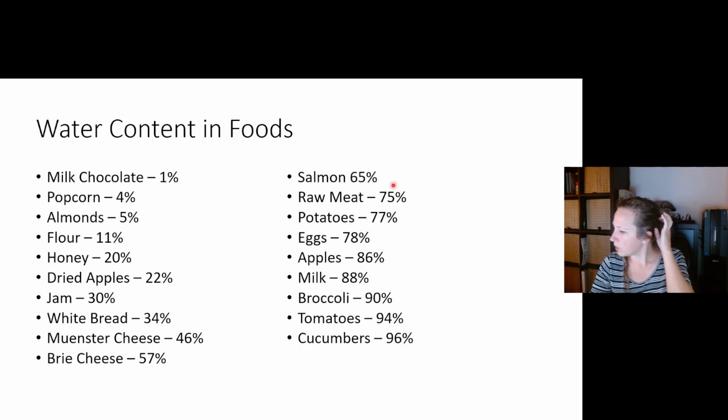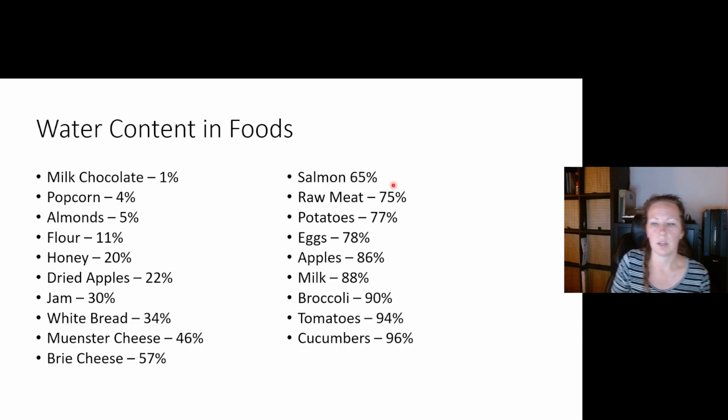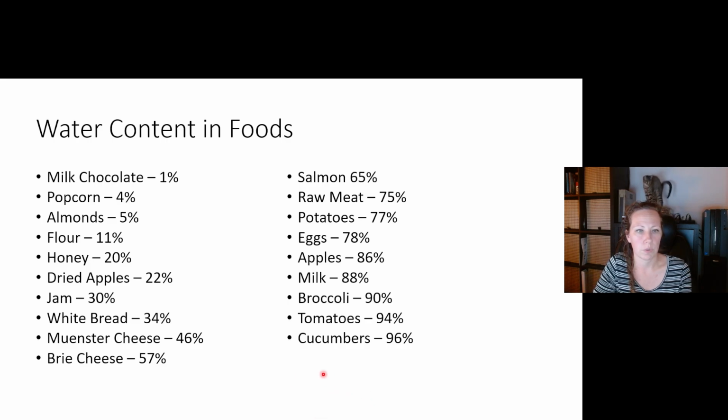Okay, so this is where we're skipping ahead towards the end of the chapter and talking about water content in foods as well as water activity. This is a reference list of how much water is in various foods.